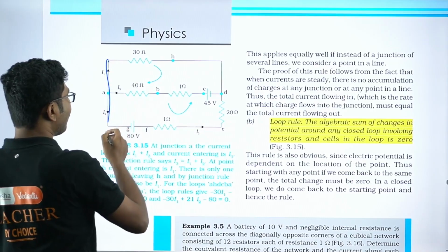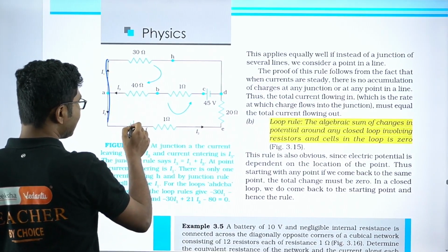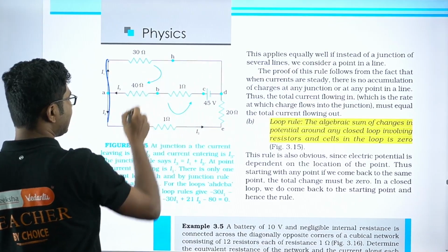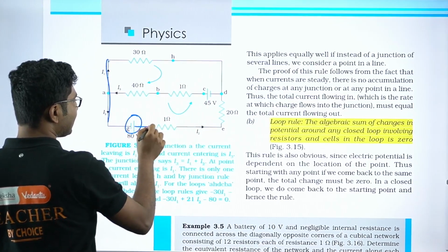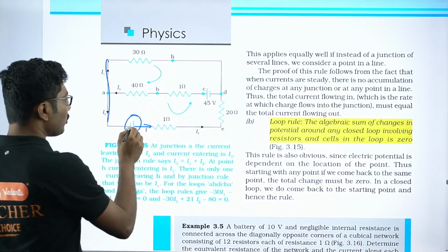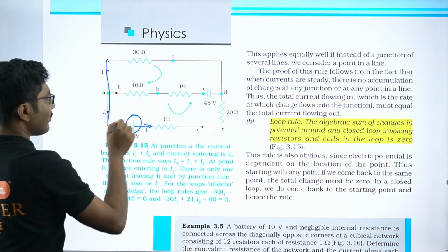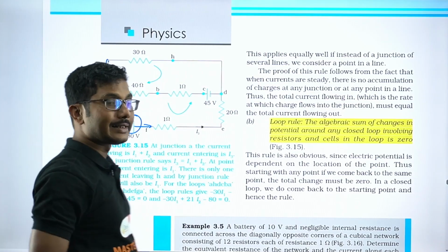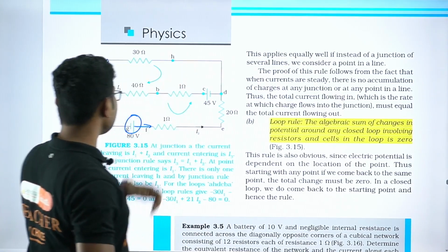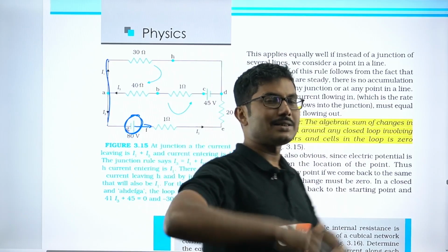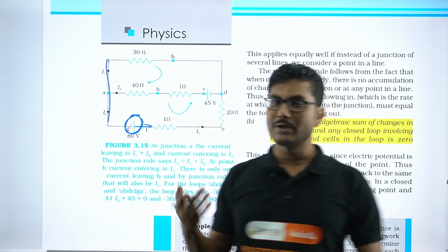The battery is trying to send the current in this direction, positive to negative. So suppose you start from here and go in this direction. Then the voltage drops across all the resistances equal this EMF, or all the resistances minus this EMF equals 0.